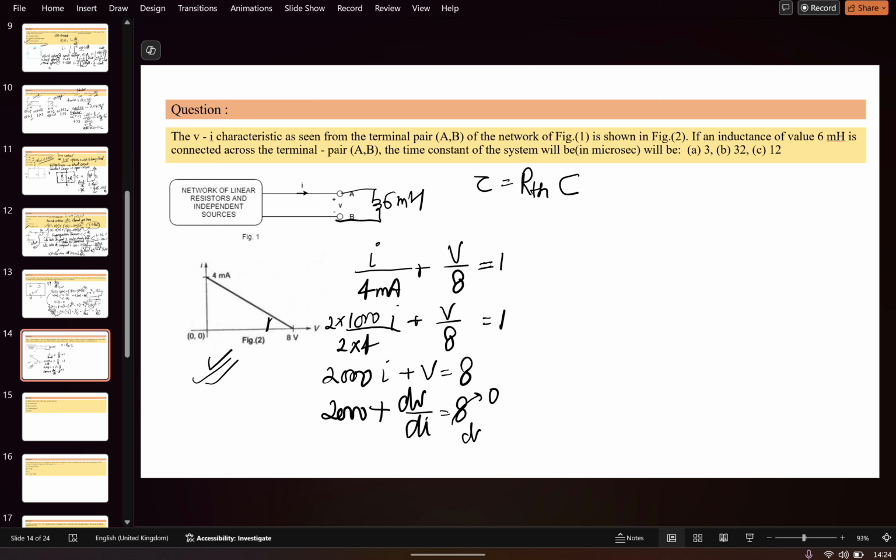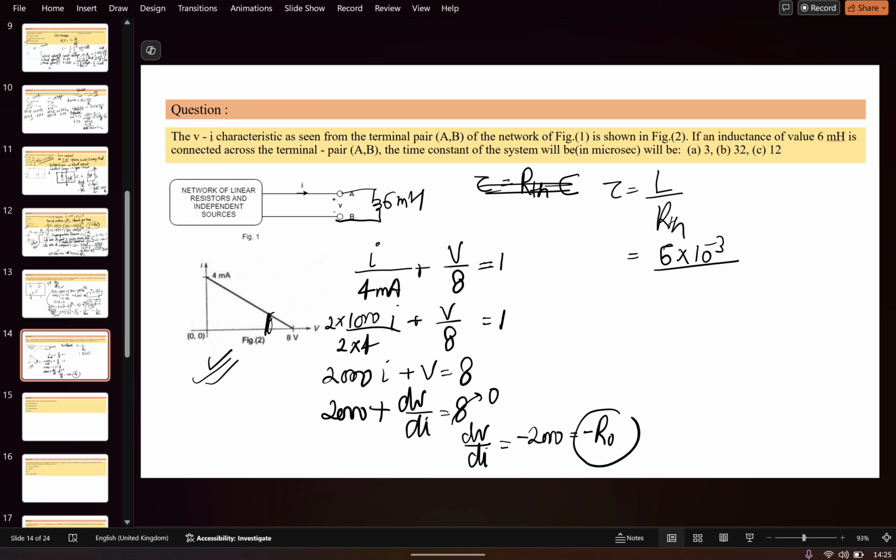So dV by dI comes out to be minus 2000. Tau will become L by R_TH. Since the slope is negative, R is equal to minus 2000. L is 6 millihenry, so it will be 6 times 10 to the power minus 3 divided by R, that is 2000.